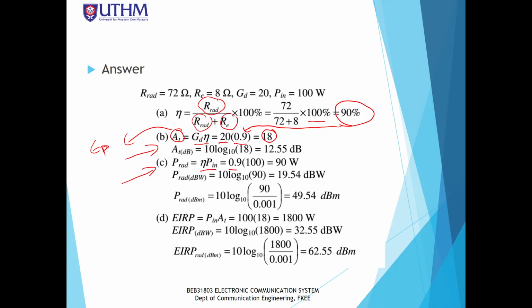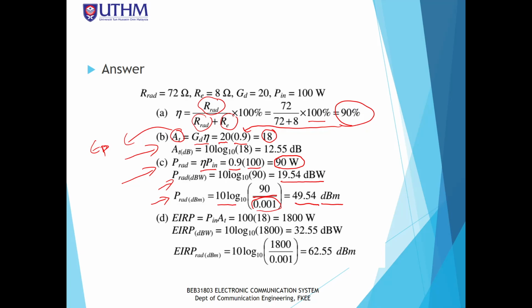So antenna efficiency is 0.9 multiplied with the P input 100, so we get 90 watt of P radiation. In terms of dBW, 10 log 90 watt, we get 19.54 dBW. In terms of dB milliwatt, we get 10 log 90 divided by the reference value 1 milliwatt, so we get 49.54 dBm.